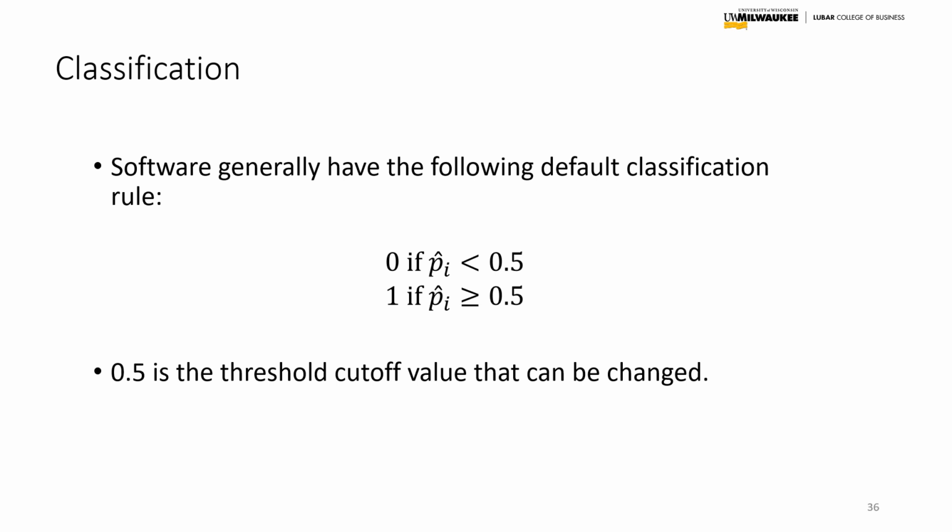Let's talk classification. By default, software classifies success based on a predicted probability greater than or equal to 0.5, and thus failure for a predicted probability less than 0.5. This threshold cutoff can obviously be changed.